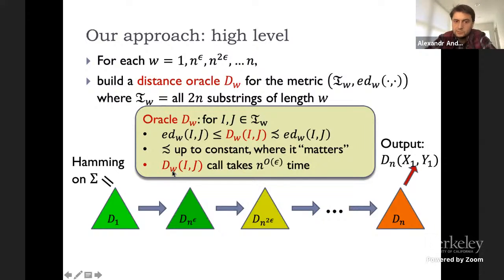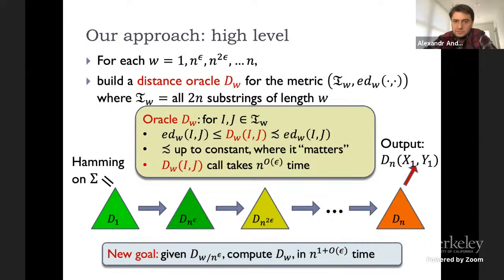The second property is that answering a query of this data structure takes time n to the order epsilon. And now basically the goal will be to show how to do one of these arrows: given a data structure for shorter substrings, build a data structure for longer substrings. And we want each of the steps to take time which is nonlinear, again n to 1 plus order epsilon.